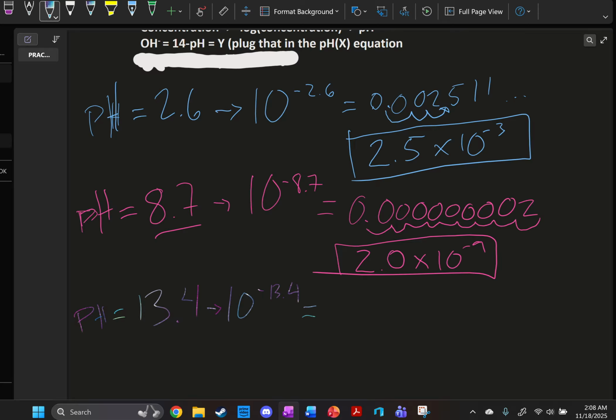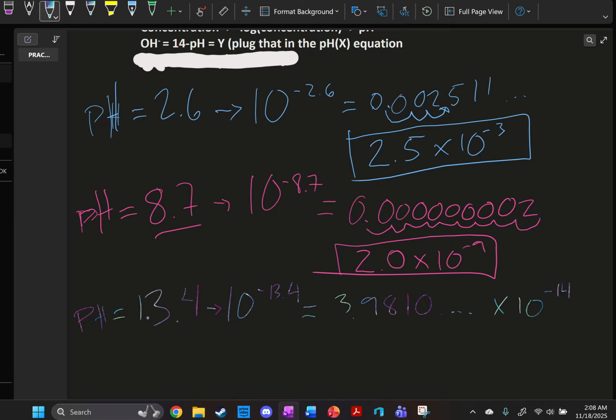Now my calculator's finally spit out something for me that's already in scientific notation because there's so many zeros. And so I got 3.9810 times 10 to the negative 14.